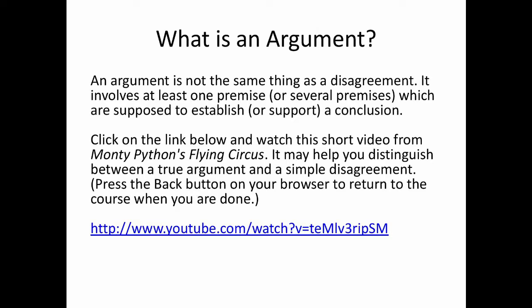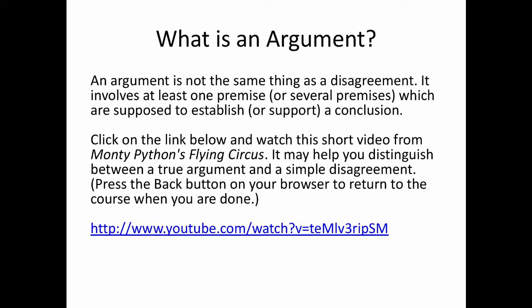An argument is going to have to include a few premises. You're going to have to give at least one premise, one reason, one fact to support your conclusion, to support the statement that you're arguing for. So if I have an argument for relativism, I have to have at least one or two, maybe three, who knows, a number of premises that are statements that I want you to accept as true.